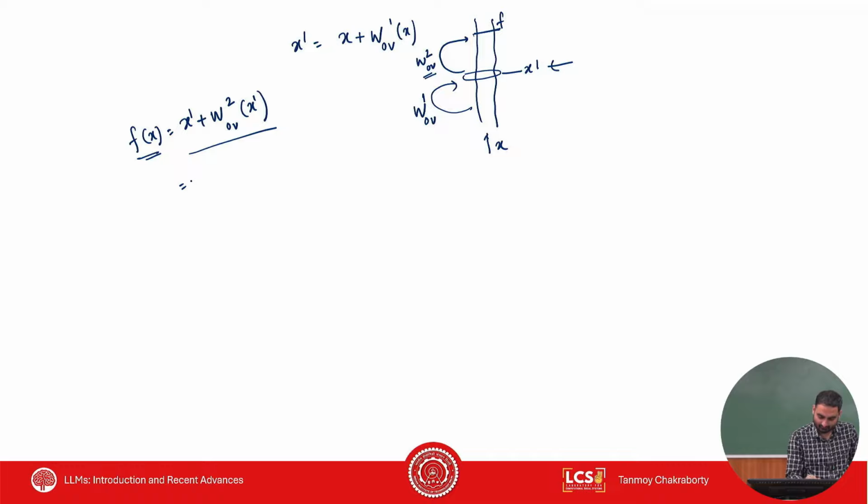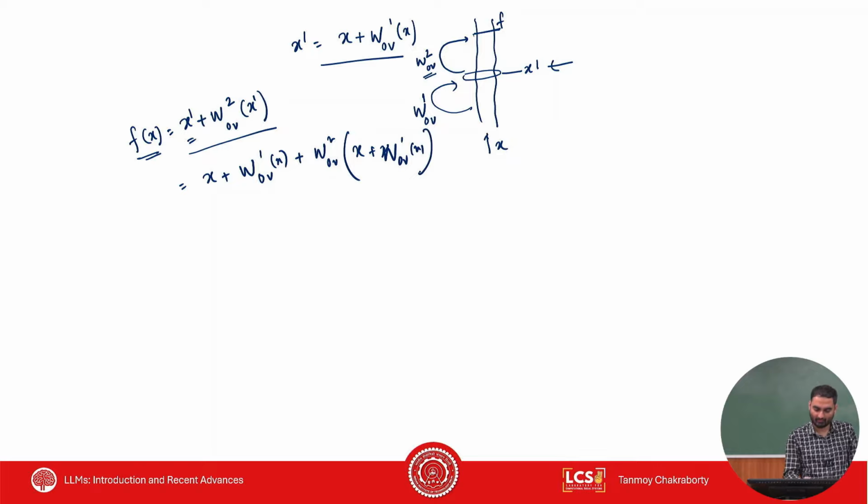Now let us expand this. So I replace x1 by x plus WOV1 x, plus WOV2 x plus WOV1 x, which is x plus WOV1 x, plus WOV2 x plus WOV1 WOV2 x.